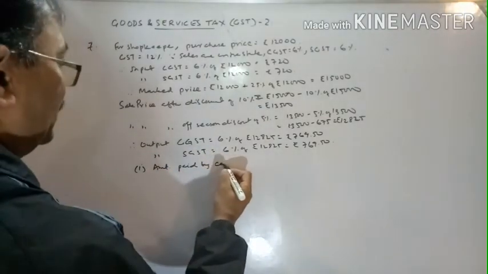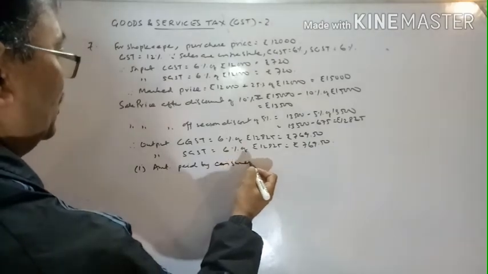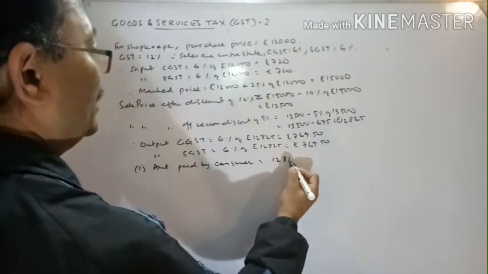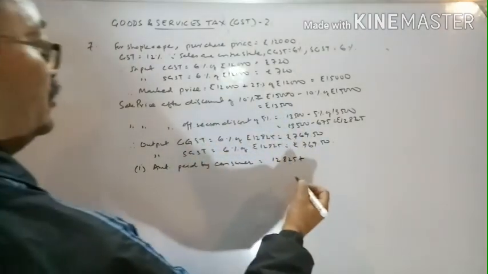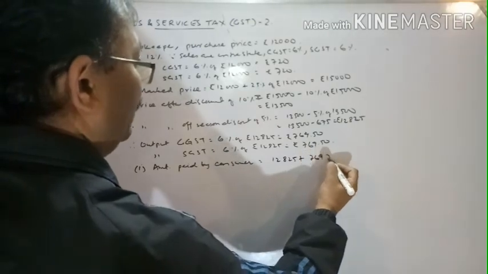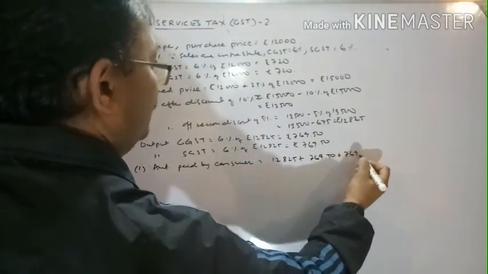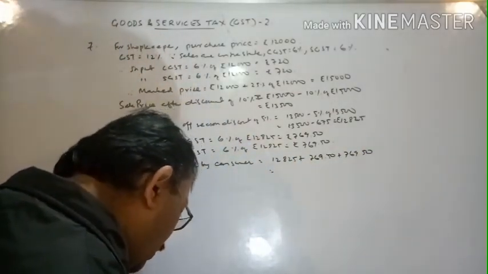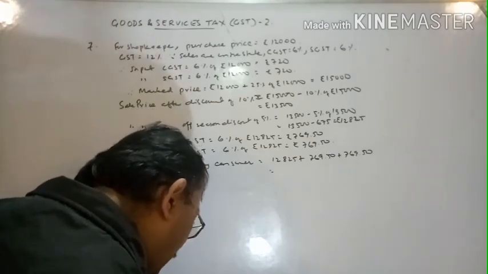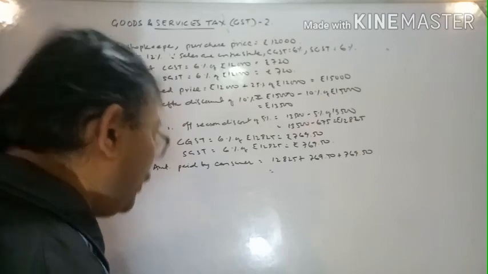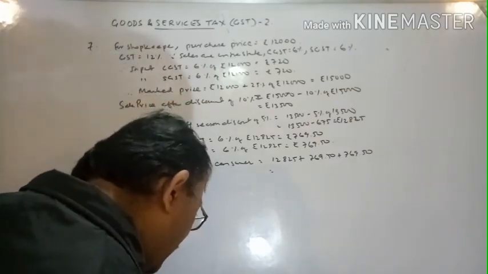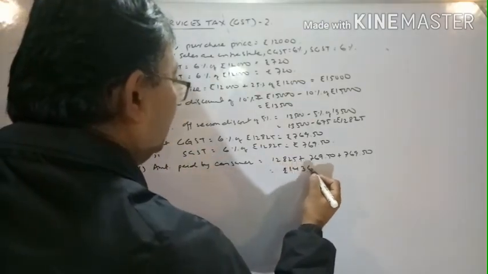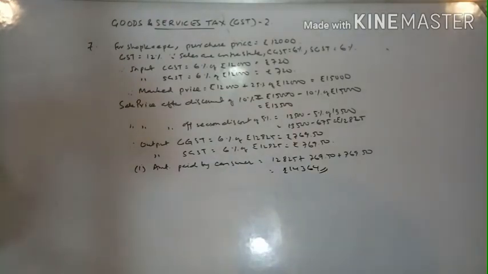So amount paid by the consumer. The consumer pays the final sale price. So the final sale price is 12,825 plus you will pay tax on that one. So 769.50 plus 769.50. So 769.50 into 2, double, plus 12,825. That will give you 14,364. So rupees 14,364. So this is what the consumer will pay.